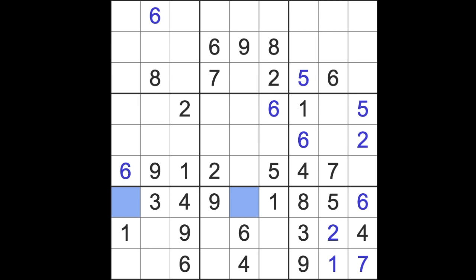But that's okay. The game involves a lot of looking and occasionally finding and often not coming up trumps because you don't see what's missing. Missing numbers here are 3 and 8. Again, we can't tell which is which. That's okay. Right.